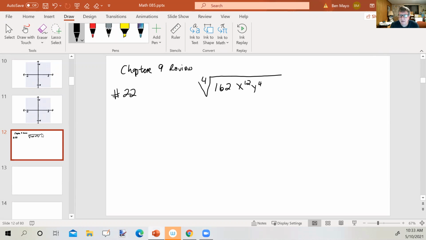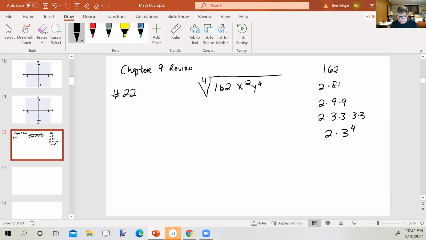Since our index is a 4, we're looking for bases raised to the 4th power or to a multiple of 4th powers, and then leftovers. 162 is 2 times 81, which is 2 times 9 times 9, which is 2 times 3 times 3 times 3 times 3, which is 2 times 3 to the 4th power.